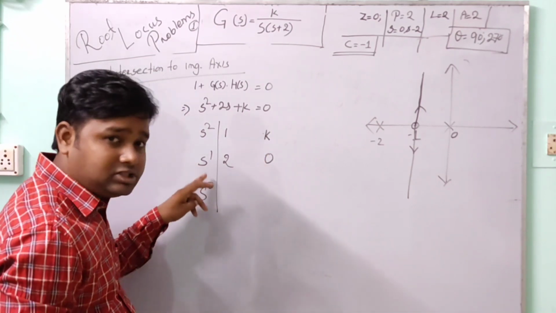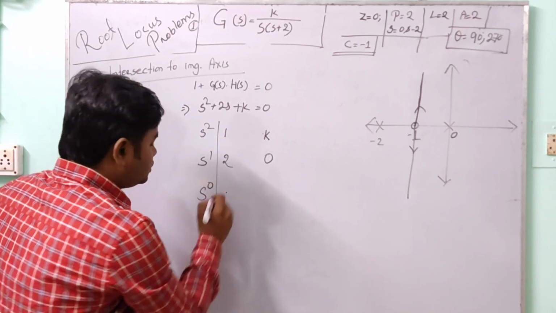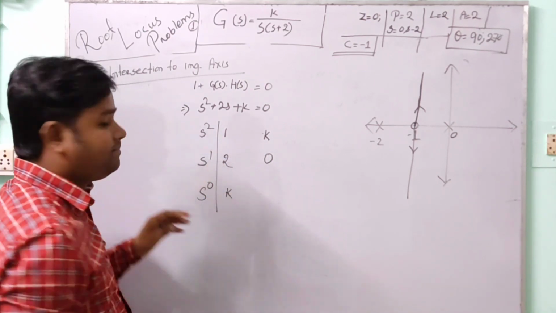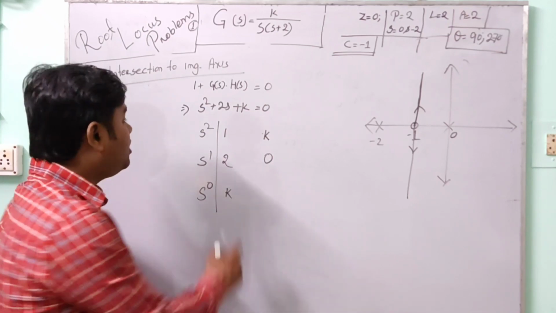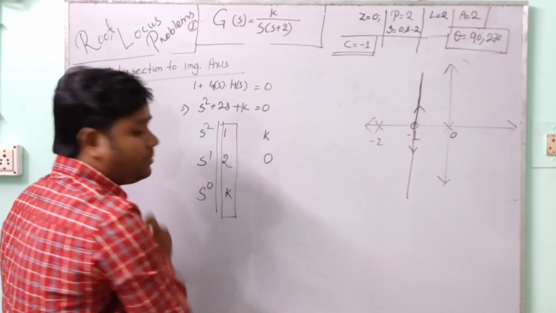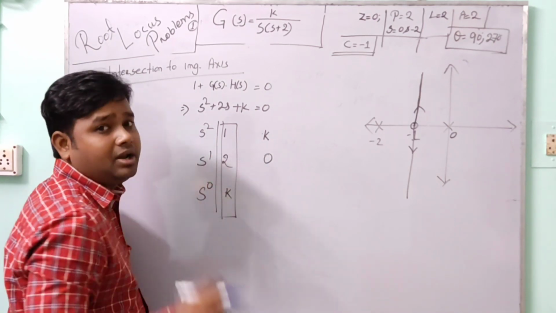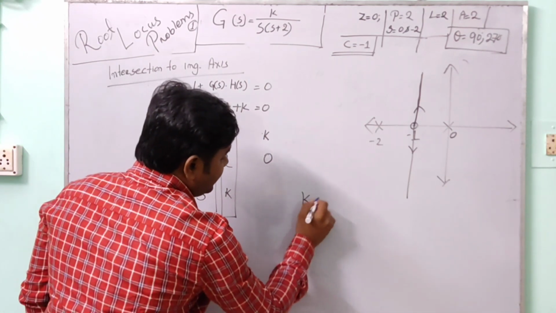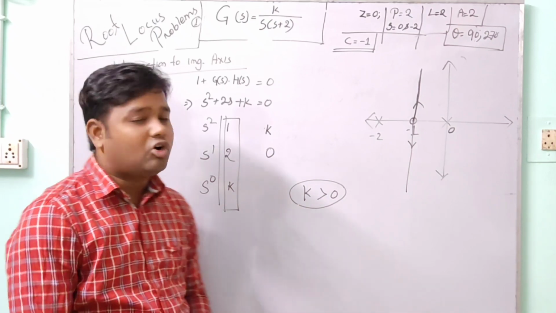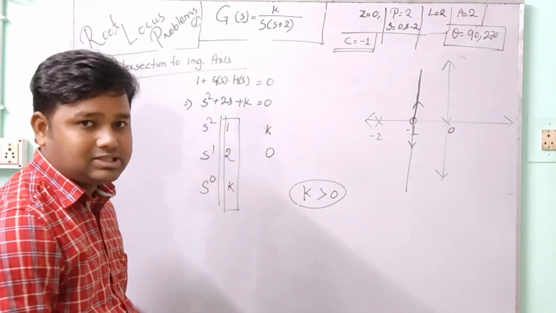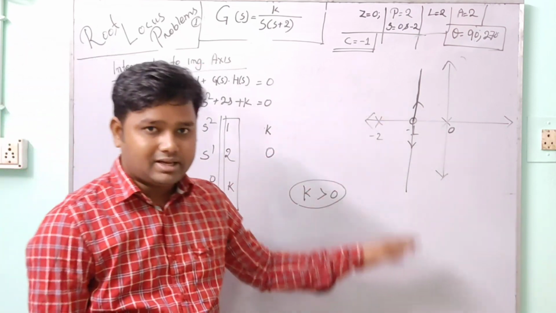For s power 0 the value will be 2 into k minus 1 into 0 divided by 2, so the value is k. In the Routh criteria, we have studied that the system will be stable or marginally stable when the first column is positive, greater than 0. Here 1 is positive, 2 is positive, and it only depends upon the value of k. Since k is greater than 0, the condition is satisfied. So there is no point which will intersect the imaginary axis.